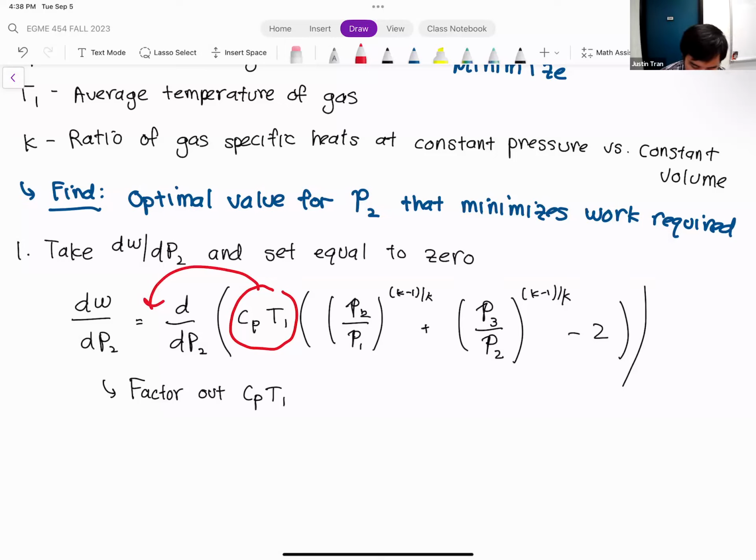Another thing I'm going to do in this step is distribute the derivative to the 3 remaining terms.